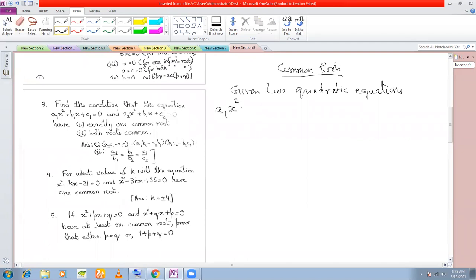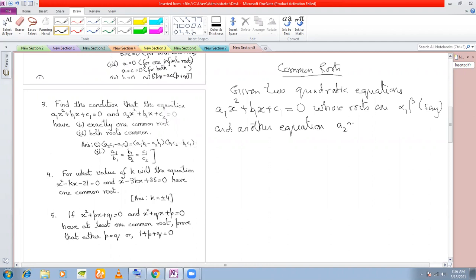a1x square plus b1x plus c1 is equal to 0, whose roots are alpha, beta, say, and another equation, a2x square plus b2x plus c2 is equal to 0, whose roots are say alpha, gamma.